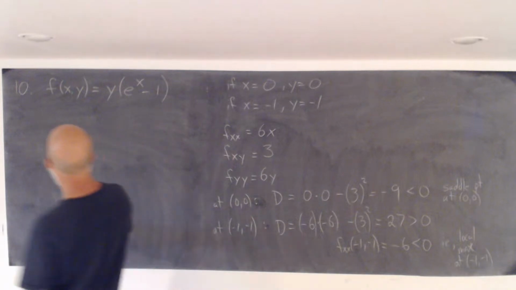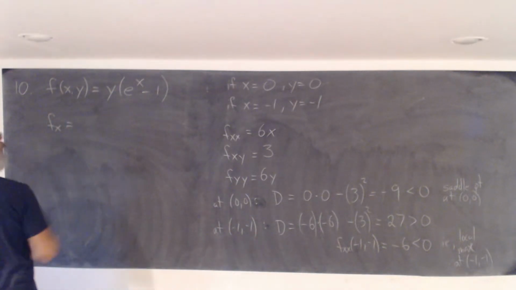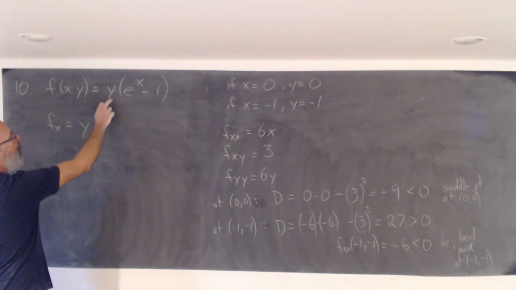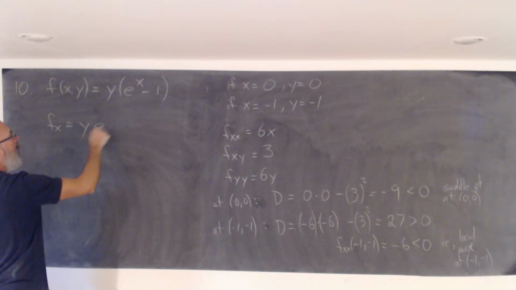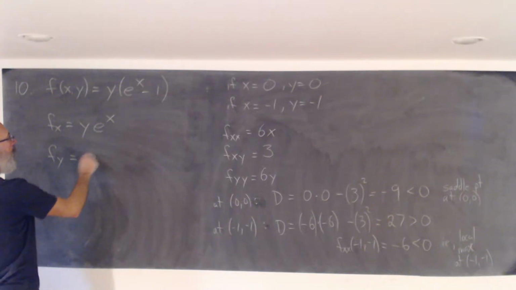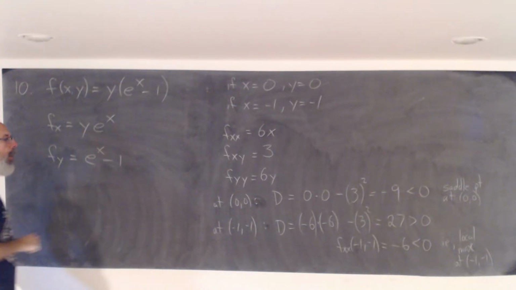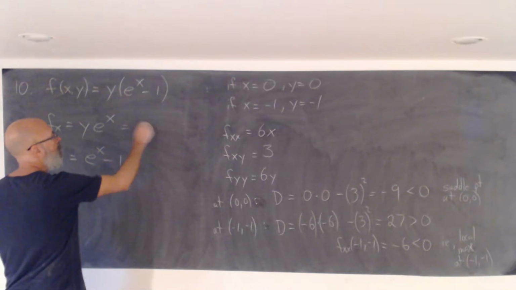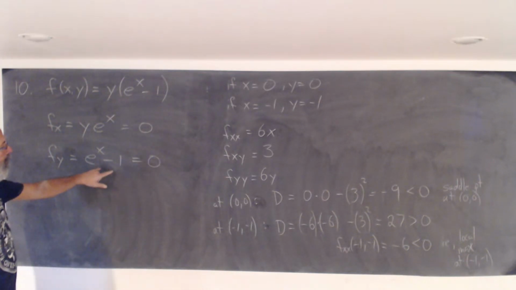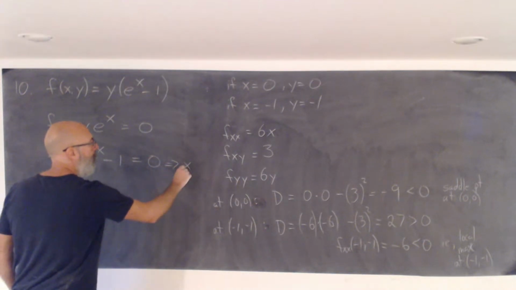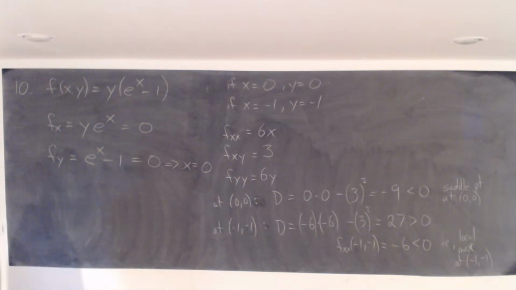Let us work out the partial derivative with respect to x. Y is treated as constant here. Derivative of this with respect to x is that. Partial derivative of f with respect to y, e to the x minus 1. Again, everything is defined here. So the critical points are where these are equal to 0. From this second one here, we see that x has to be 0.